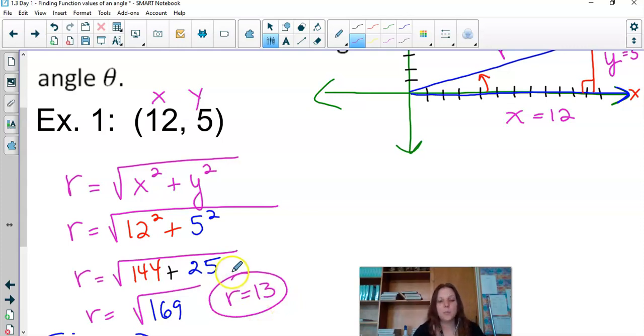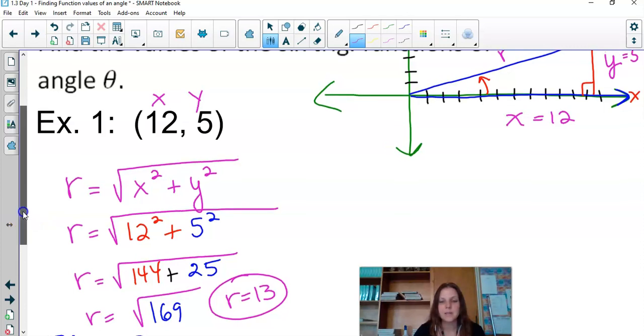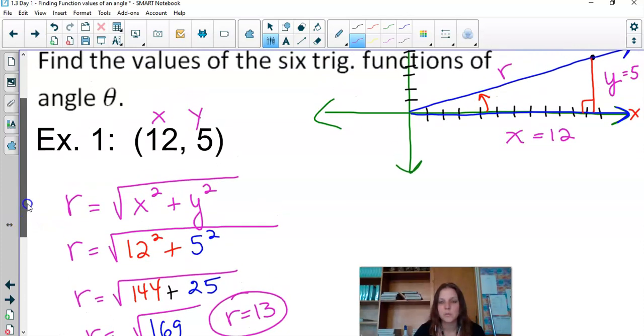Okay, I'm going to go ahead and put that into my picture. So r equals 13, that's the length of the hypotenuse. All right, now what I'm going to do is take these given sides. I've got 2 sides that were given, one side that I found, 2 legs and a hypotenuse, and I'm going to write them into the 6 trig functions for theta.